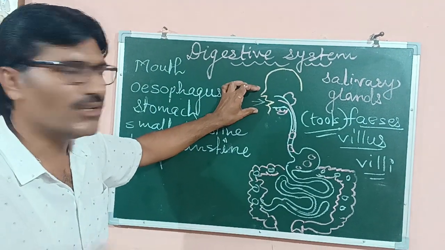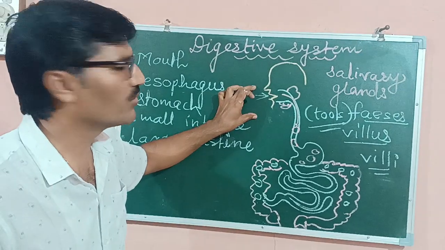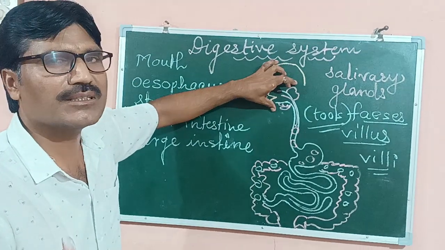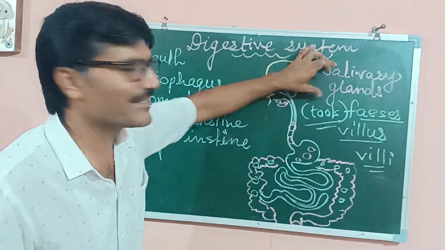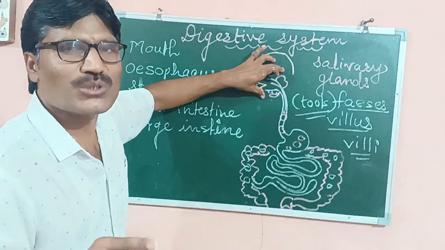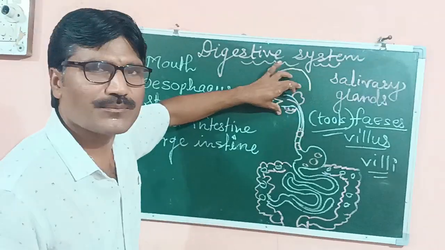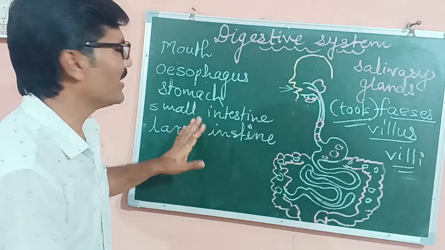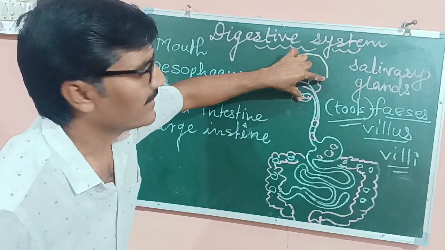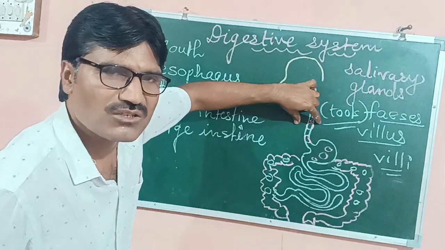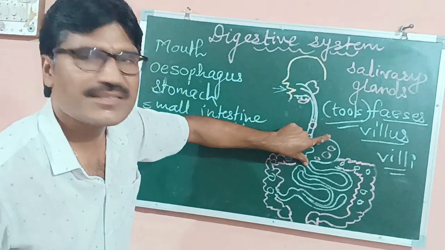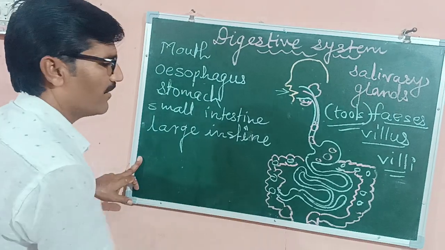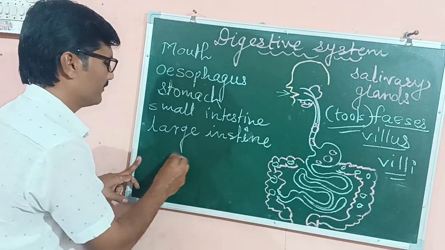Mouth, the digestion starts from the mouth. Only I told you about the three pairs of glands. Those are salivary glands. But I didn't tell about the other glands. I must erase all these things. Mouth, salivary glands, esophagus, stomach, small intestine, large intestine, and the last one was anus.